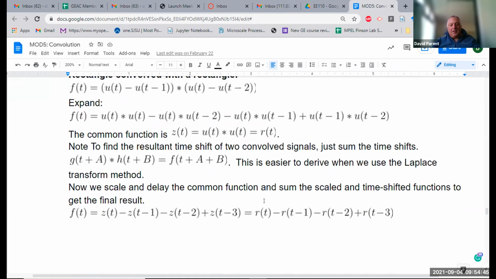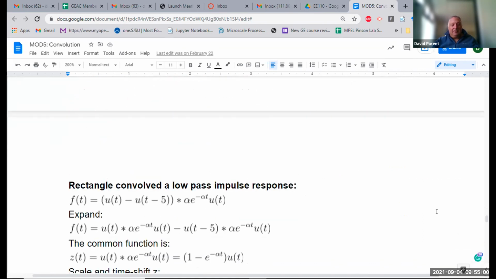Even this step you almost don't need. The only convolution I found was the first one, and then I have minus this, minus plus, and then you get the thing.